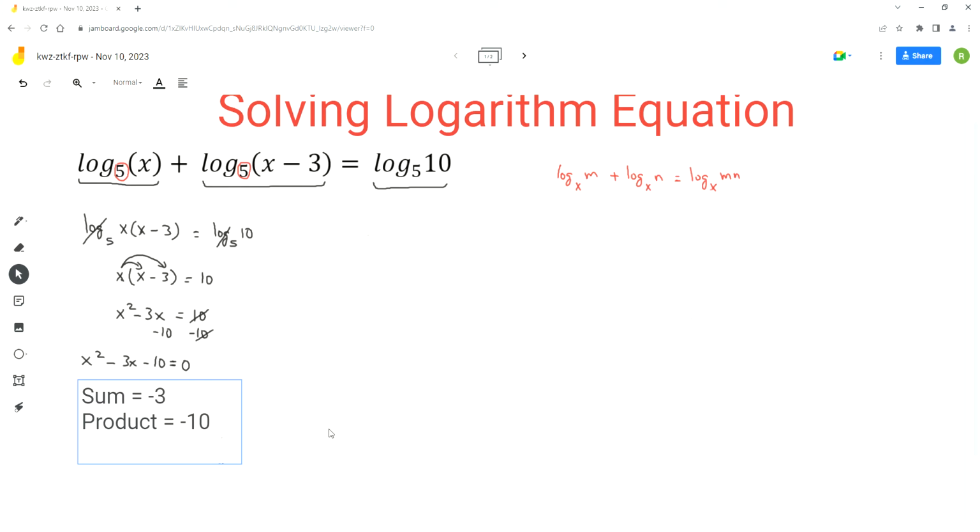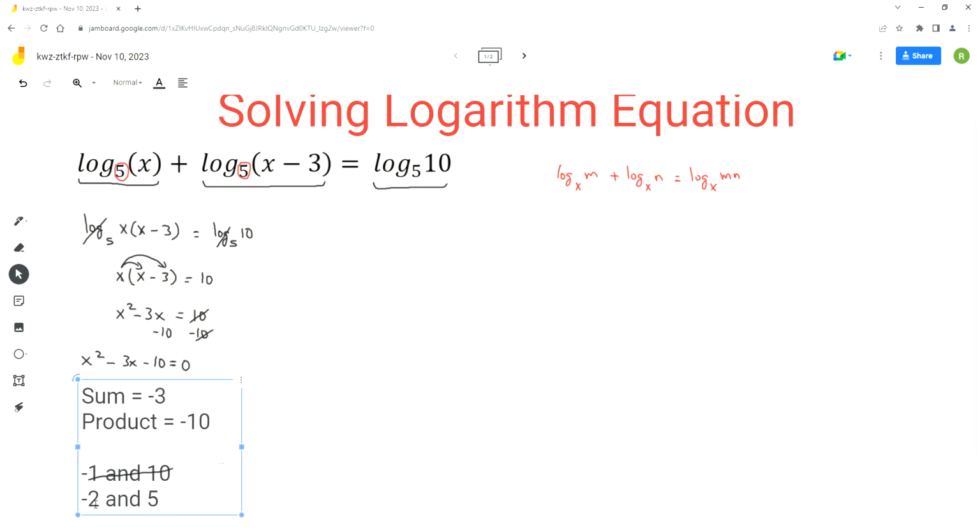So the first pair of numbers that comes to my mind is negative 1 and 10. But negative 1 and 10 do not add to negative 3. So this pair won't work. So we have to look for another pair. So another possible pair is negative 2 and 5. Now negative 2 and 5, if you add them, we get 3, not negative 3.